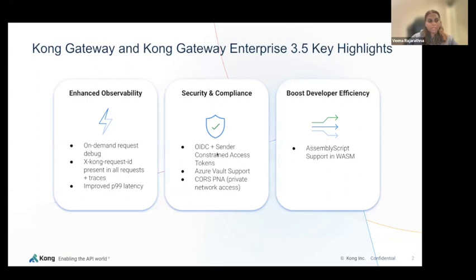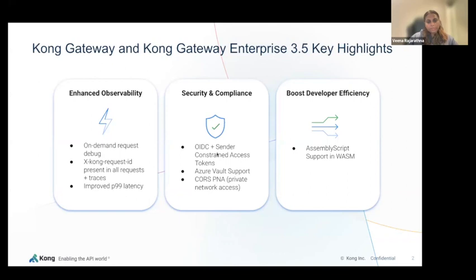So one of the requirements of open banking or financial API is around token security, ensuring that tokens are used by the end users or the consumers to whom that token was issued. So this is a requirement on the open banking side. So we support that in our OIDC plugin today. There are two ways to support this ask, and we have implemented one in 3.5, which is using the MTLS. I'll go into the details in the next slide.